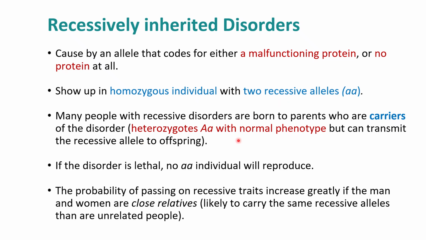So a carrier is someone who is heterozygous and has one dominant allele that can carry the good copy and one recessive allele that carries the defective copy. So usually the good allele is sufficient to make the carrier parent normal or at least functional enough to reproduce, right? So in some cases, you might not even know you're a carrier because you are quote unquote normal and you don't have this disease. And so it's hard to know that you're a potential carrier and could pass it on to your offspring.